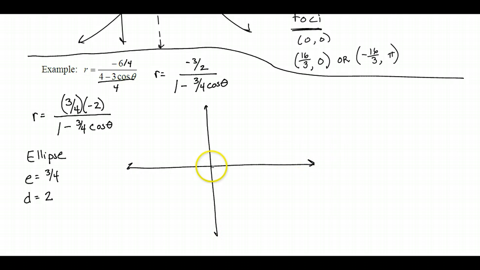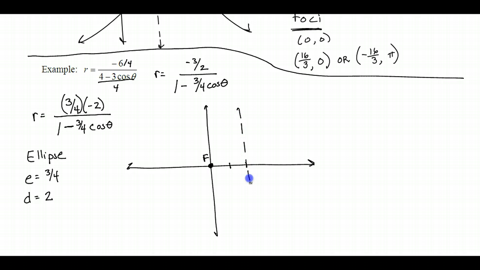So I know I have my one focus at the pole, and cosine is your x's, so I'm going to have a vertical line. And right now it looks like it should be to the left of the pole, but this negative is like multiplying by a negative, so it's going to push it to the right. You're going to the left, but with a negative value, so you end up going to the right 2.